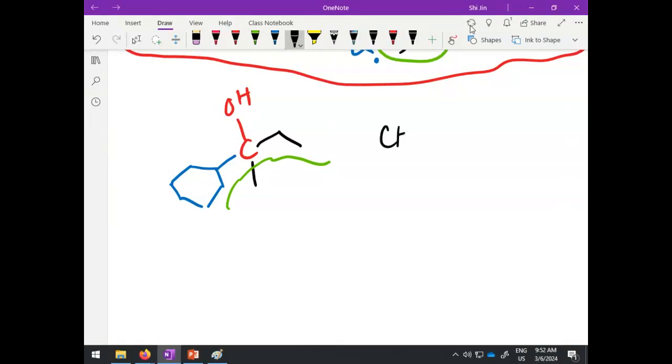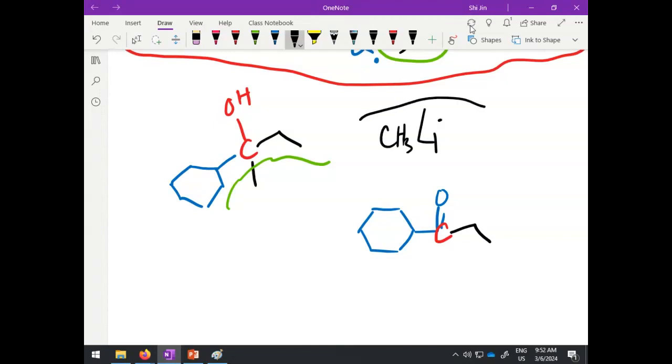So you're going to have methyl lithium, okay? And then the remaining two from carbonyl. So you can have this one. This also could be the right answer. This combination also could be a right answer, okay?